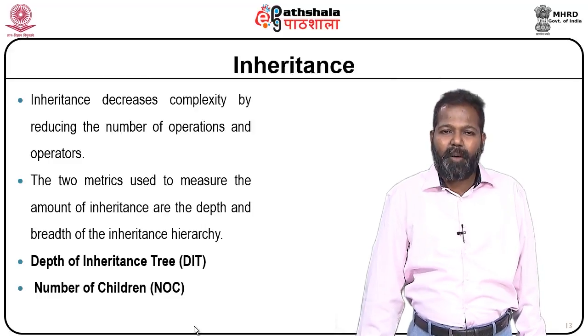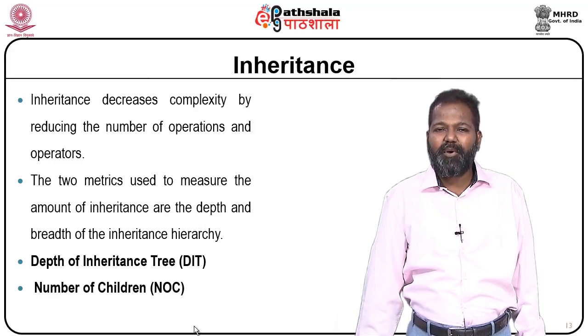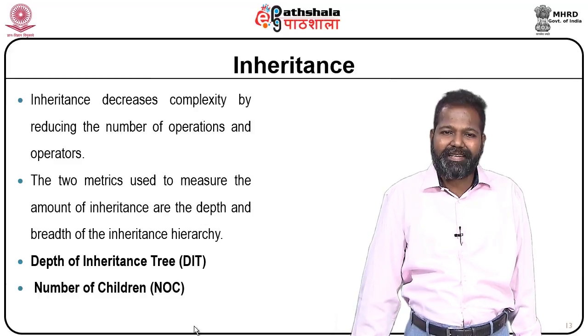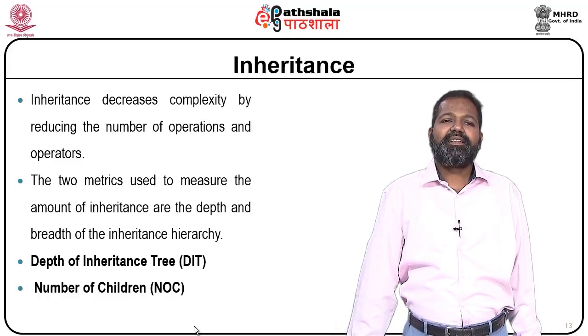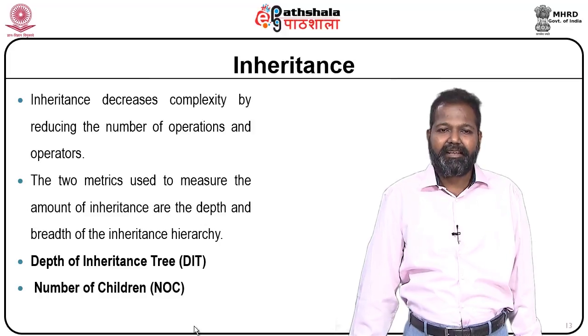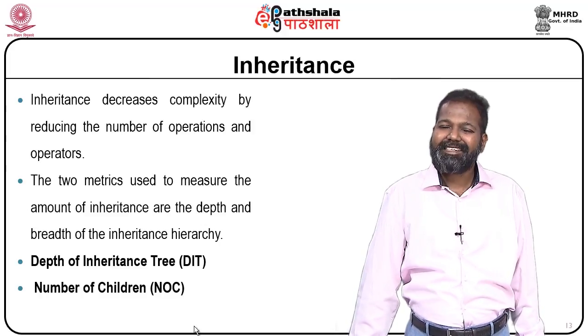Inheritance decreases complexity by reducing the number of operations and operators. The two metrics used to measure the amount of inheritance are the depth and breadth of the inheritance hierarchy. Depth of inheritance tree, number of children.